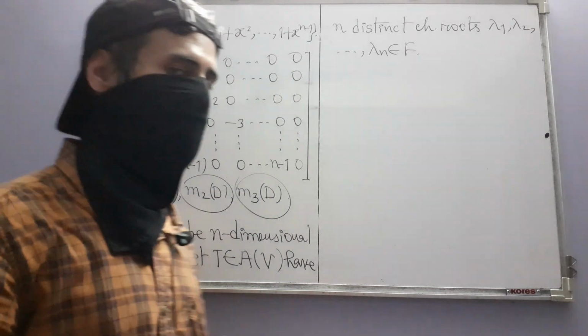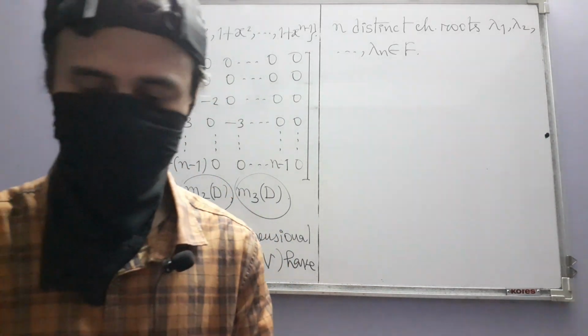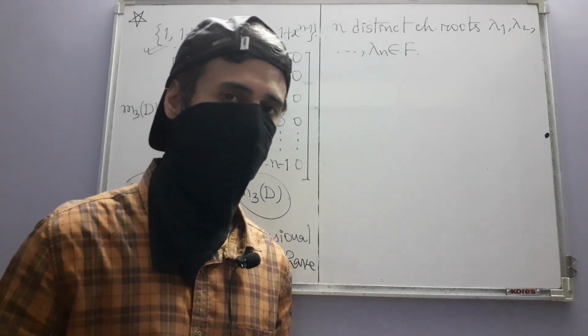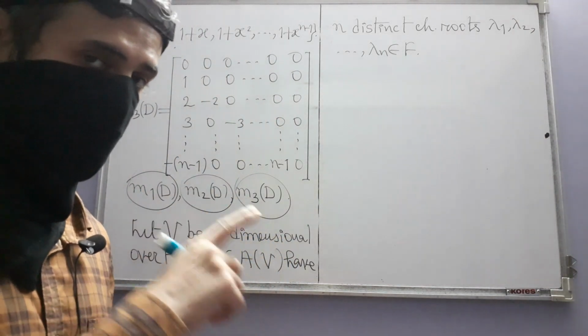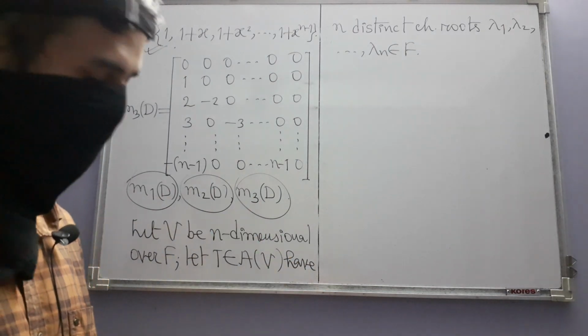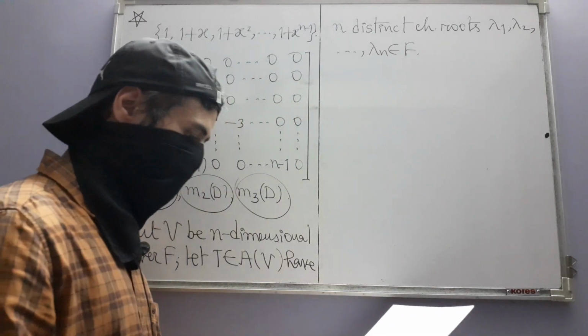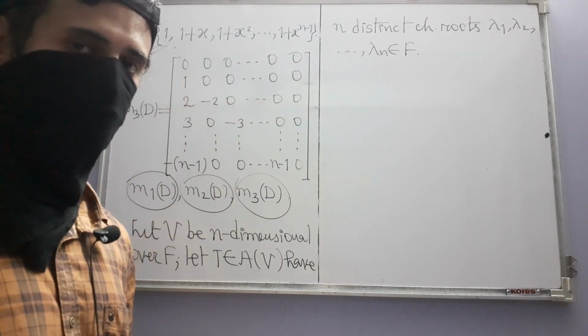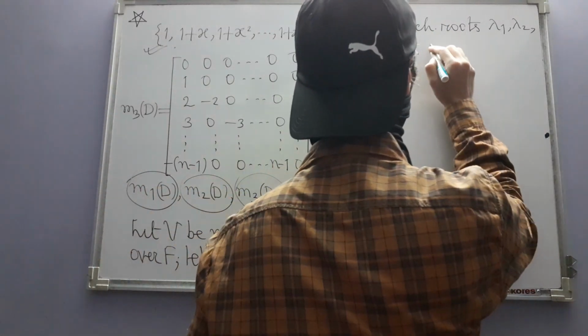Then a previous result tells us that the vector space has a basis consisting of characteristic vectors corresponding to these characteristic roots. That result is corollary 2 to theorem 6.2.3; 6.2 means the previous section.